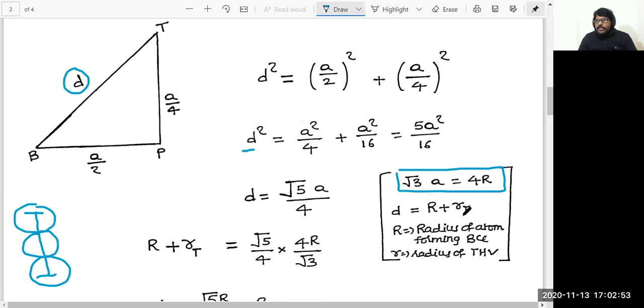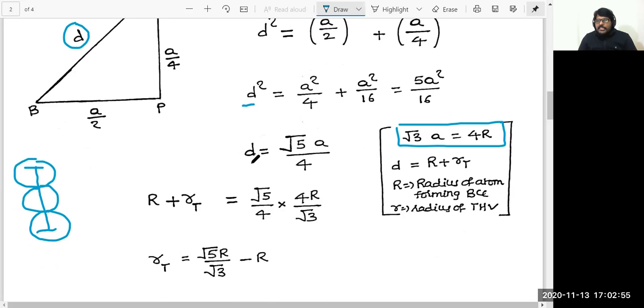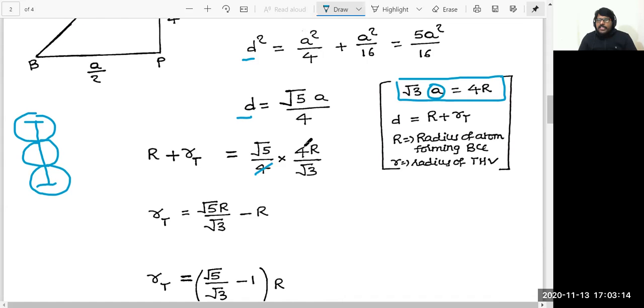In place of d, let me take capital R, the radius of the atom, and small r, that is the radius of tetrahedral void, which is equal to root 5 by 4 times a. But in place of a, I'm going to substitute 4R by root 3, and here this 4 is getting cancelled.